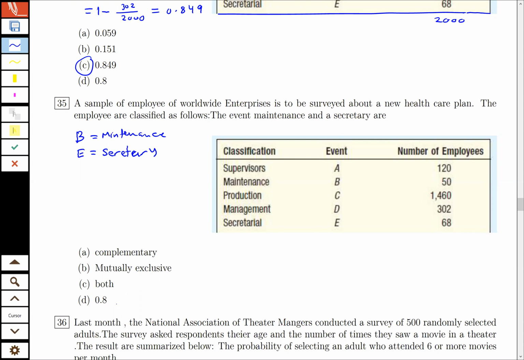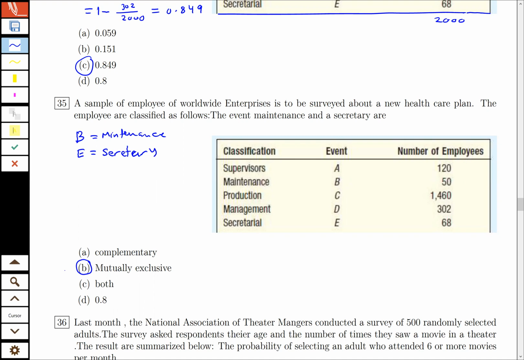When we say complementary, it's wrong, because the complement of B is all the rest, which is A, C, D, and E. So we cannot say complementary, and if we cannot say complementary, of course we cannot say both. So the answer is that they are mutually exclusive. They are not related events.